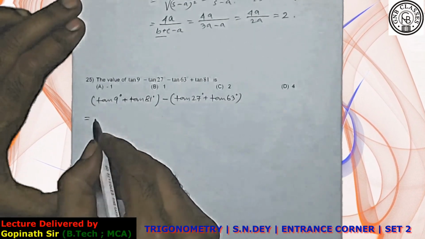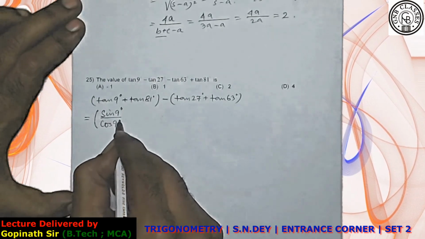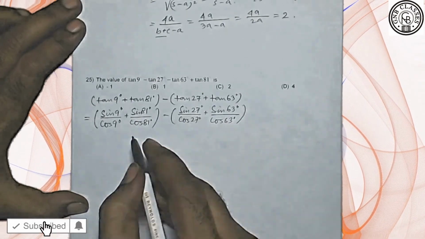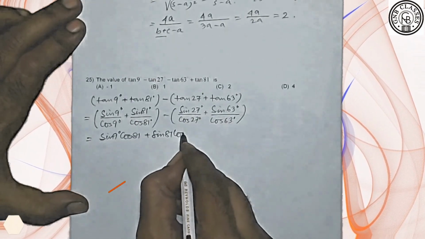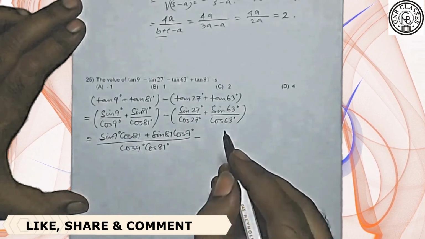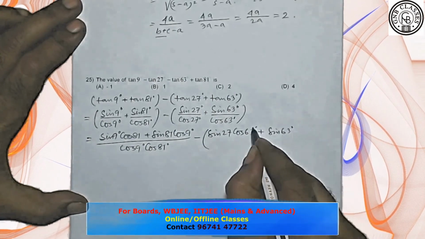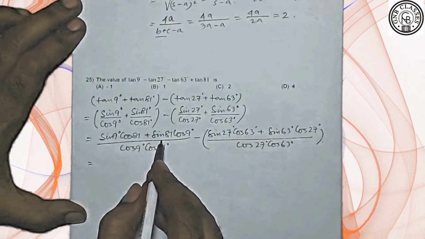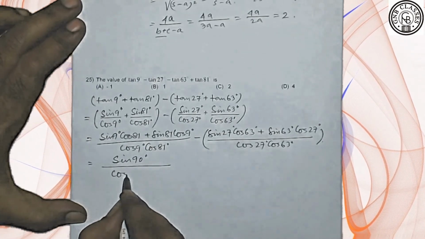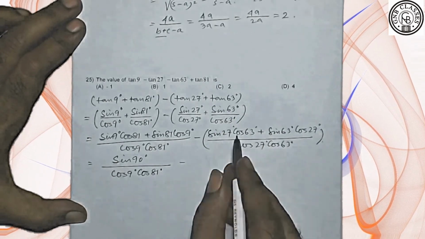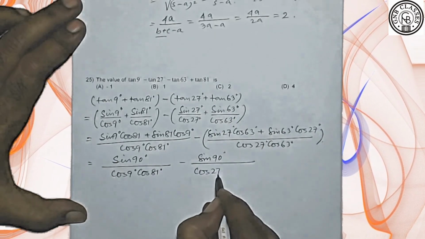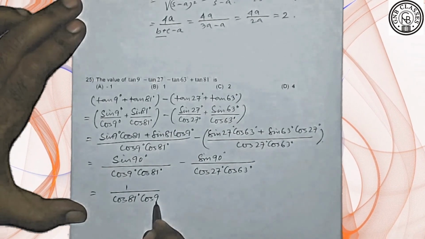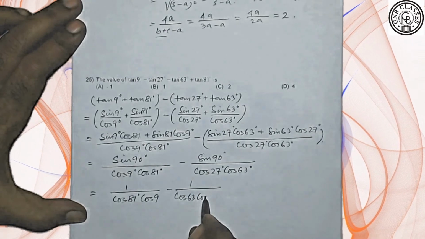Now converting all tan into sine and cos, we are having, in the numerator, we are applying the formula of sine A plus B. Again sine A plus B. So we are having 1 by cos 81 cos 9, 1 by cos 63 cos 27.